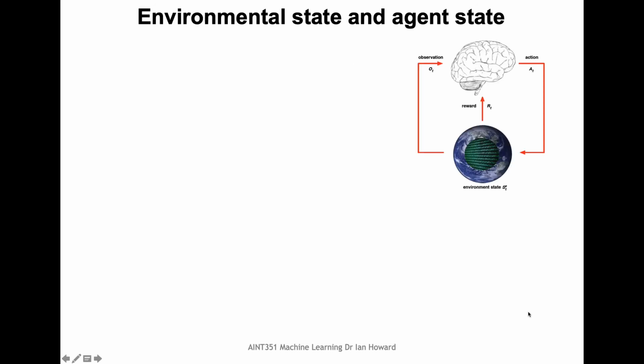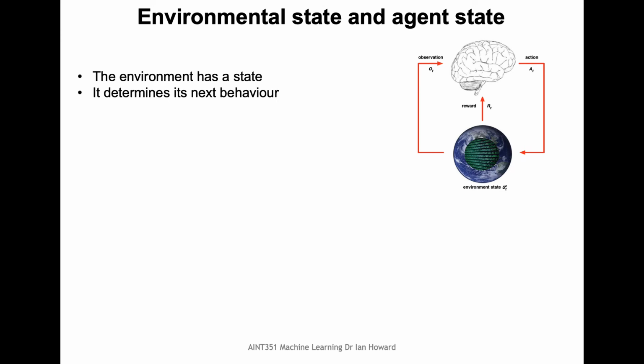Okay. So there are two different kinds of states as well. Of course, there's what state the agent is in, and what state the environment is in. Certainly, it's the environmental state that we're relating to here, and when we're talking about pendulums, it was the state of the system, the state of the environment. The agent's just got to be able to read that and take advantage of it.